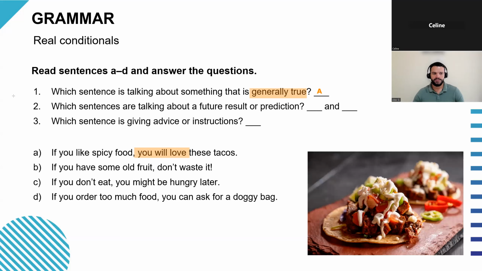All right, let's go with B. Can you read B here? If you have some old fruit, don't waste it. What do you think? Yes.